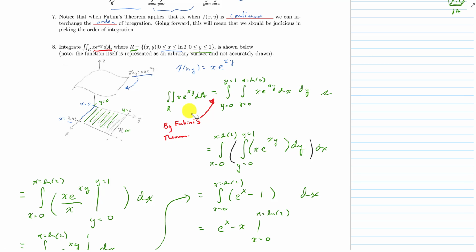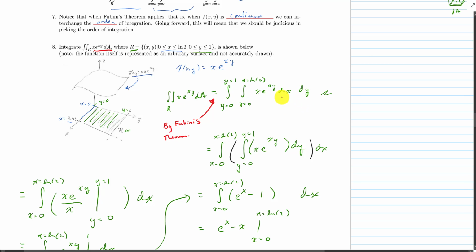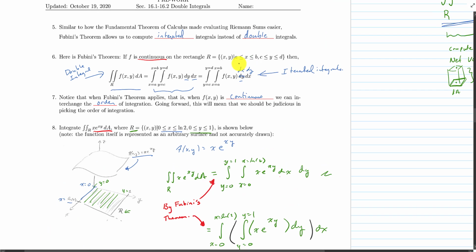Additionally, even though we first wrote this as an integral where we first take the integral with respect to x and then with respect to y, I tried to convince you anyway that it would be difficult to do it that way. So we interchanged the order of integration. And Fubini's theorem says that as long as our region is a rectangular region, we can go ahead and interchange the limits, or excuse me, the order of integration.